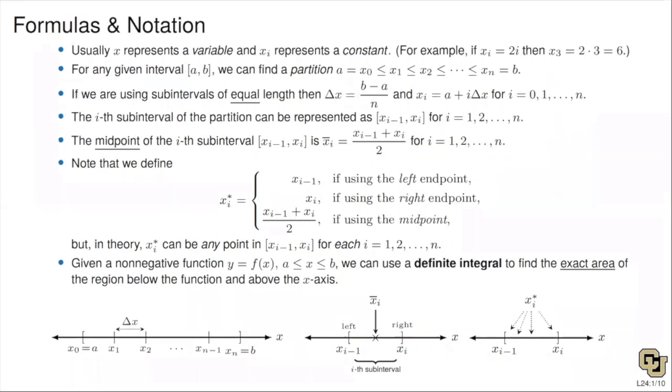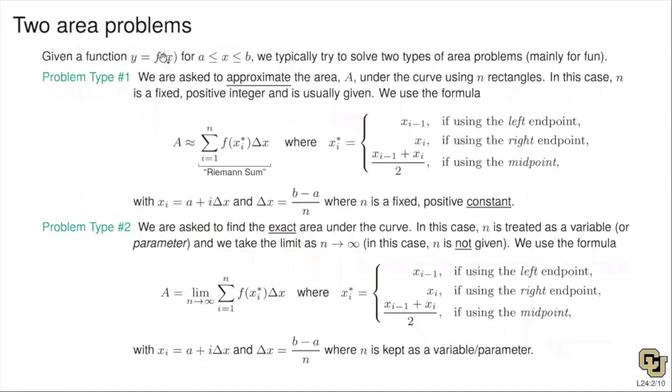Here, I just had all the formulas and notation. Again, I think the best way to learn formula and notation is just through repetition. The more you can practice and use it, the easier it gets. So I'll let you review this and just think about the story of the formula, not just what the formula is. And again, here, I wanted to remind you of the two types of problems, because it's here where the big issues happen.